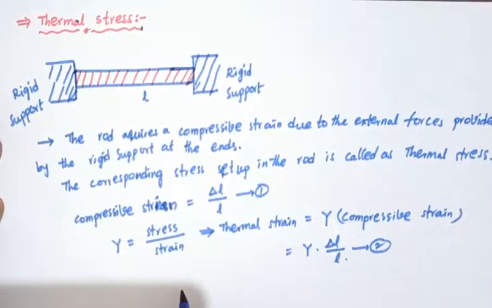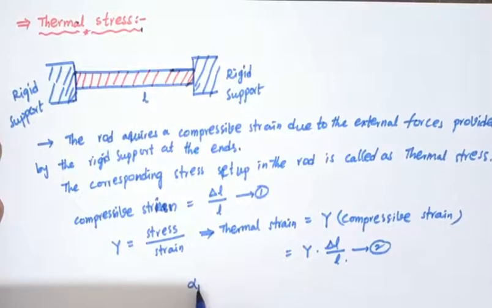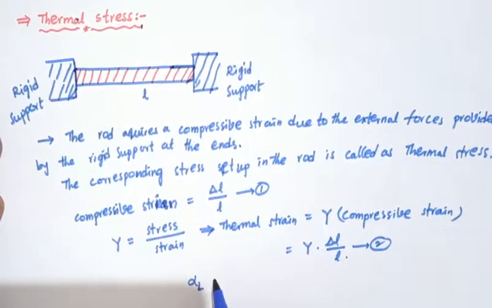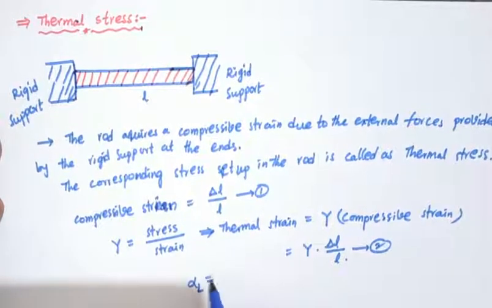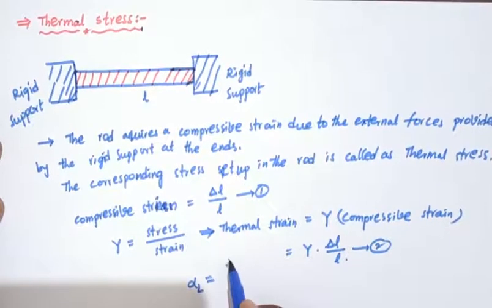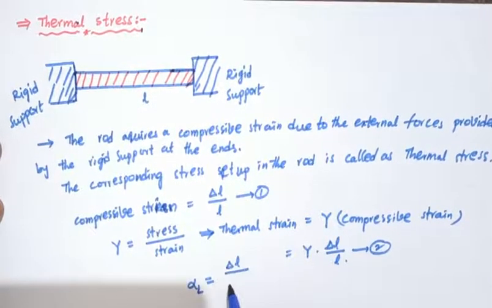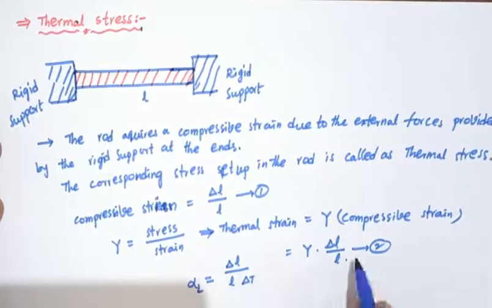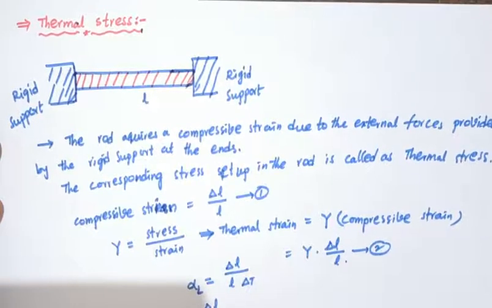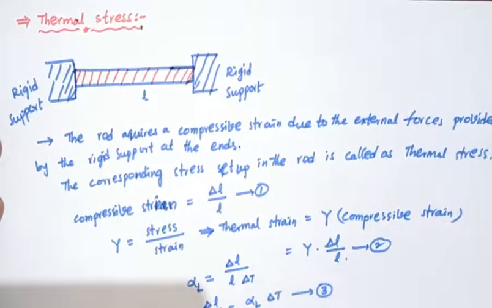Already we know the coefficient of linear expansion alpha L equals delta L by initial length into delta T. So from this equation, delta L by L equals alpha L into delta T. This is equation number 3.